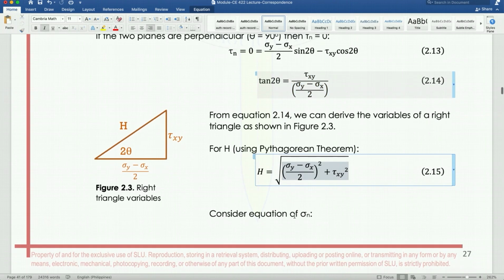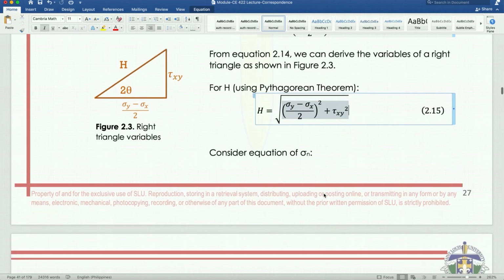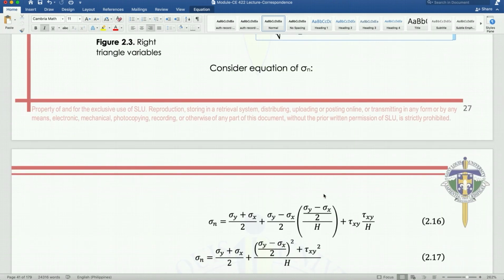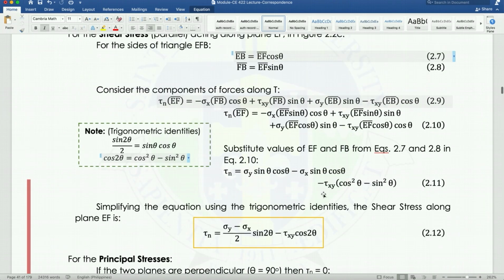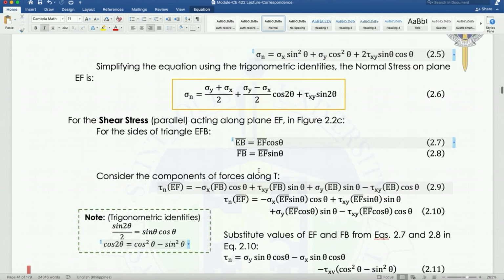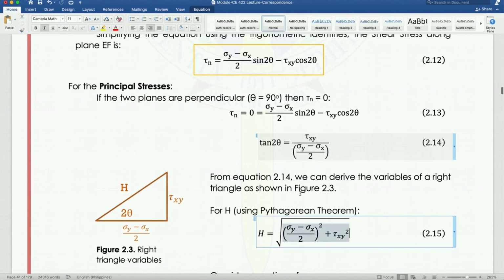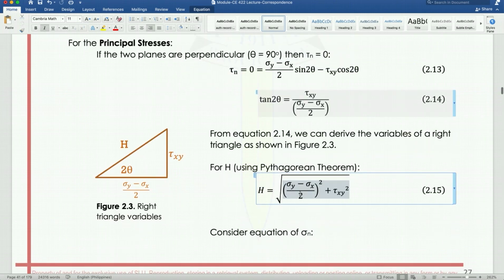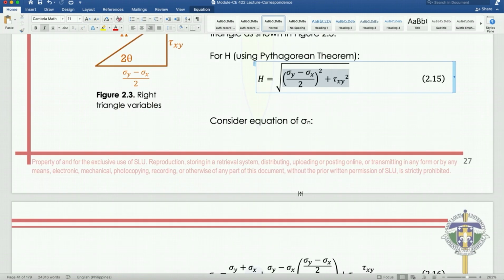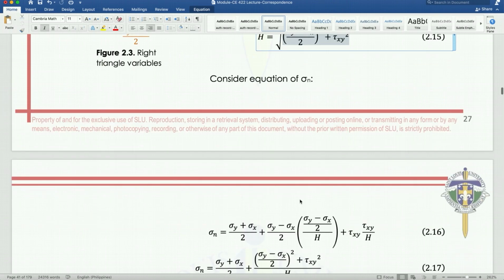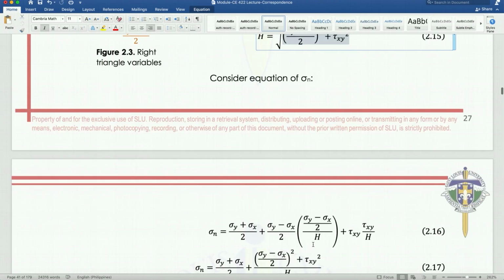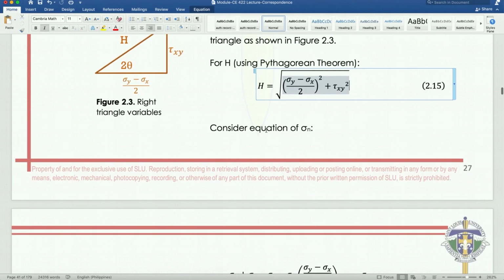Now, consider equation of sigma n. So, balikan natin yung equation natin for sigma n. This is our working equation for sigma n. Now, substituting the value, okay? So, substituting the value or using the Pythagoras theorem, we were able to derive functions. So, we have here cosine 2 theta. Diba?